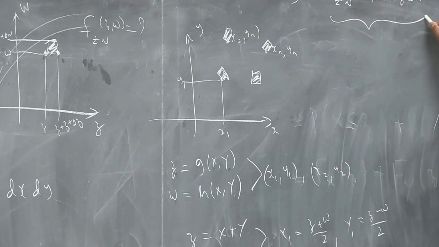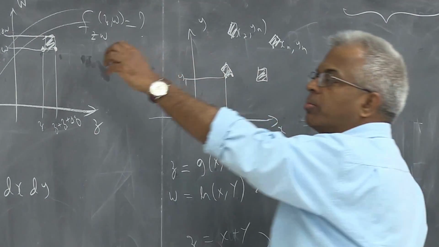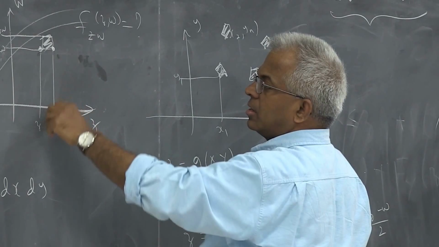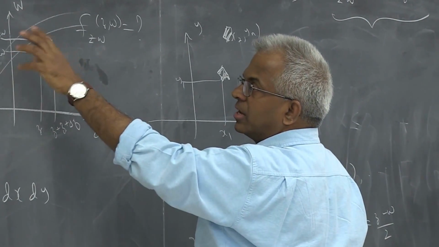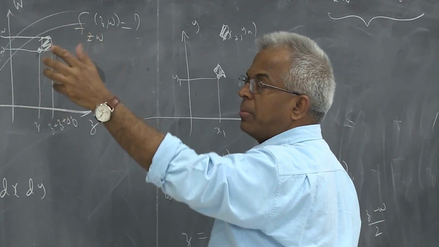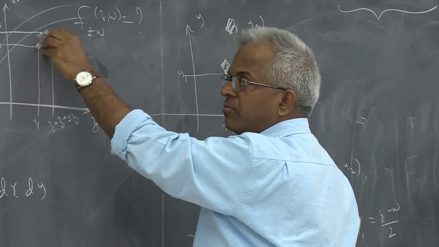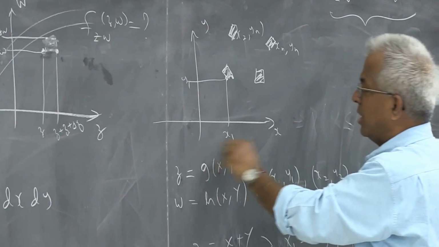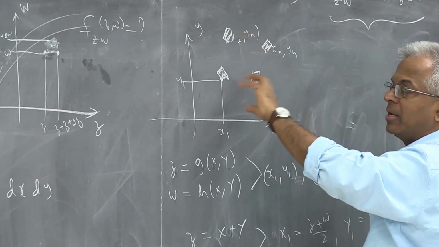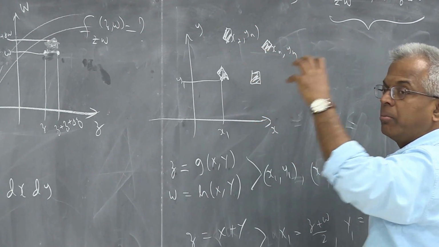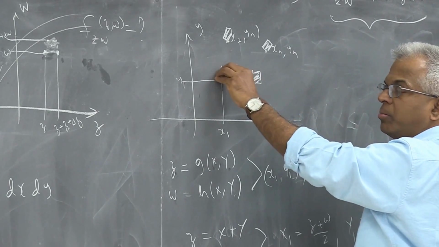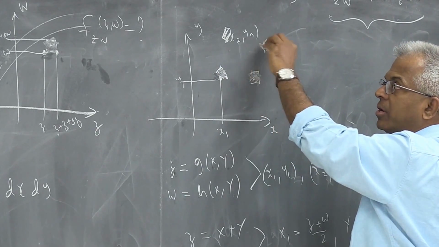So first of all, before I go to that, from here this much is clear. Look at here, the probability that the random variables capital C and capital W will belong in this tiny infinitesimal region. What happens in the xy plane is the random variables capital X and capital Y could be here or here or here or here.